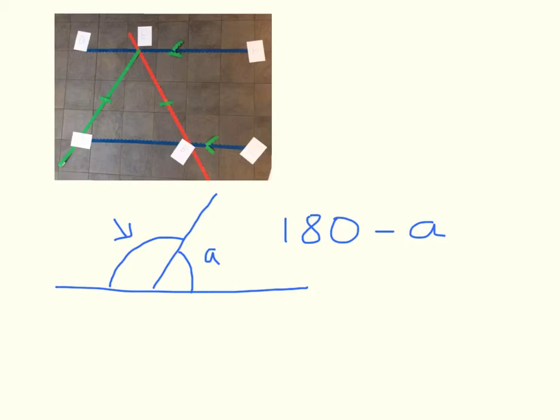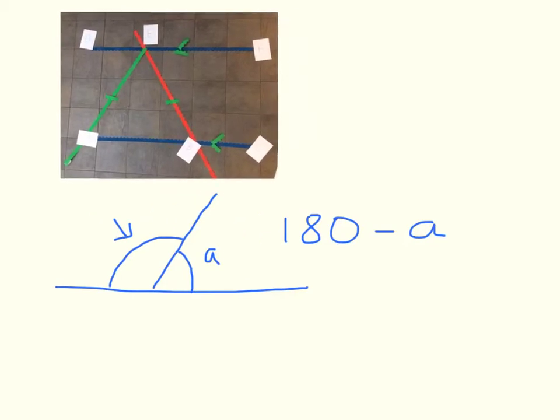So on the diagram, I have a straight line here, and I have a line coming off it here. Therefore, this angle here and that angle there add up to 180.